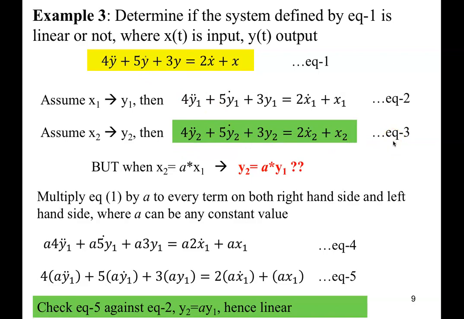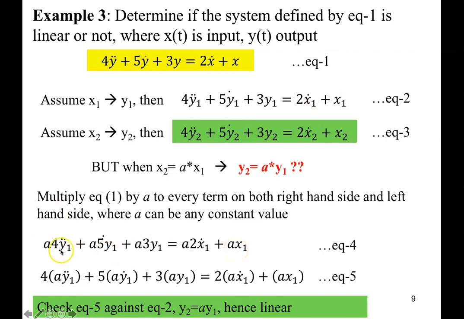As I've shown in the previous examples, the crunchy part is to check this: if x2 equals a times x1, would y2 equal a y1? That has to match for every single term in the differential equation. So I'm going to multiply equation 2 by a factor of a to every single term. So that becomes a there, a there, a there, a there, a there.